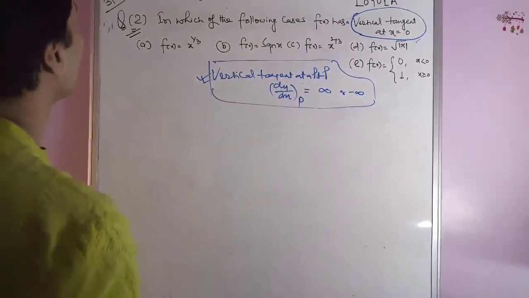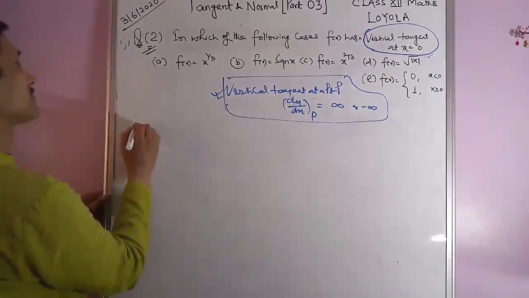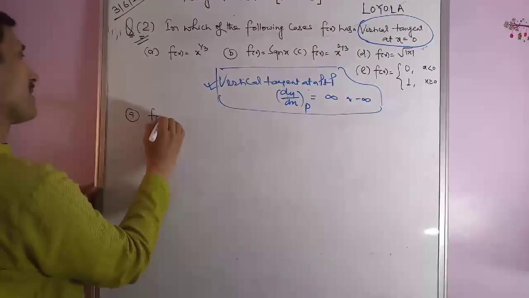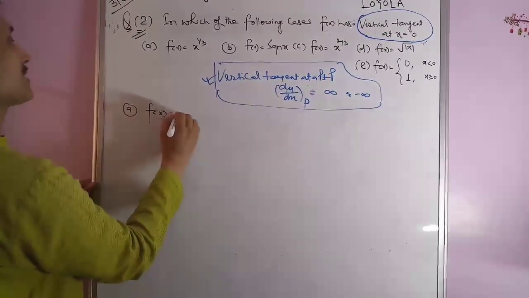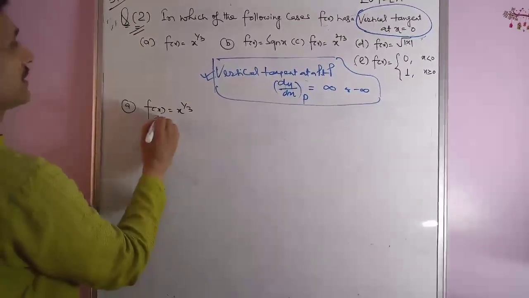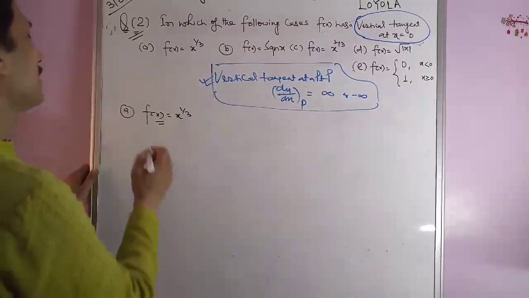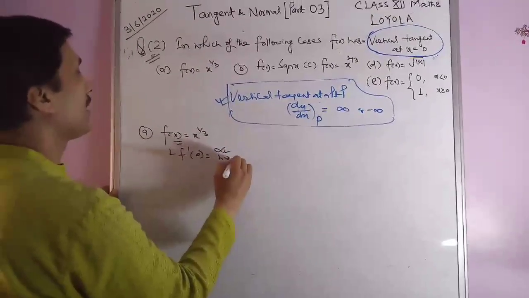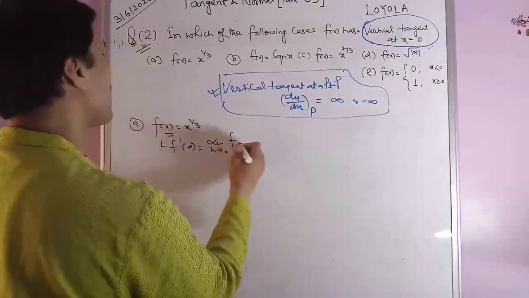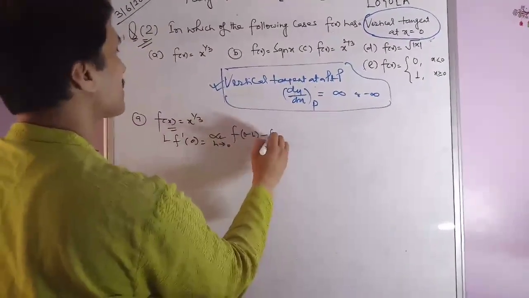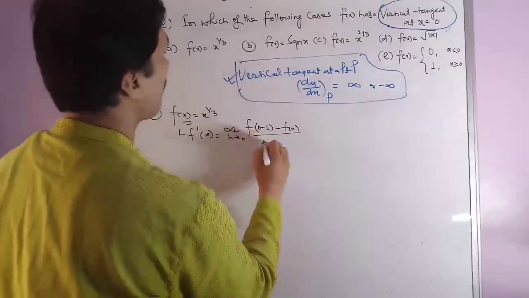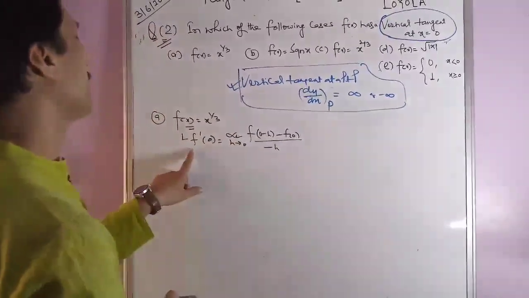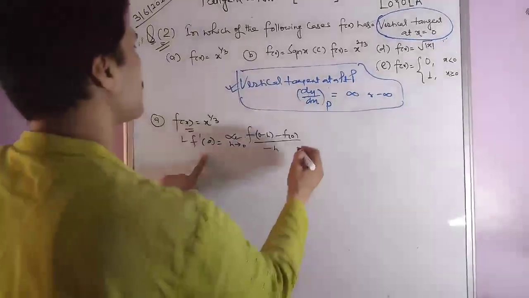First, we take f of x equal to x to the power 1 by 3. Here the left hand derivative L f dash 0 is the limit as h tends to 0 of f of 0 minus h minus f of 0 upon minus h, the formula of the left hand derivative.